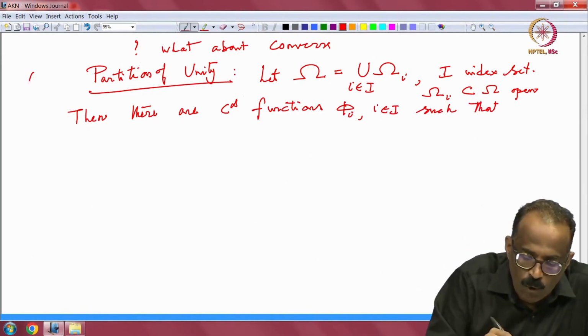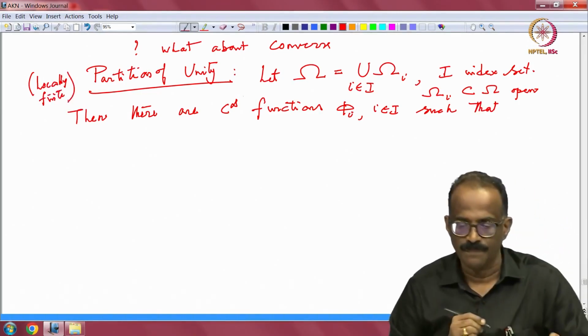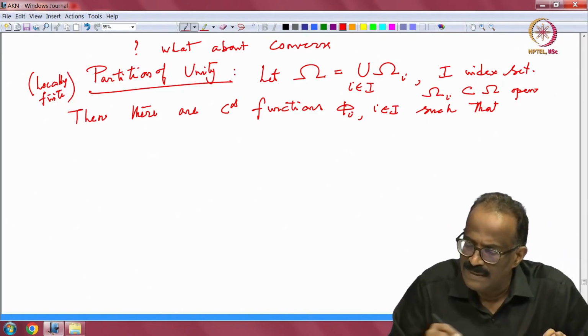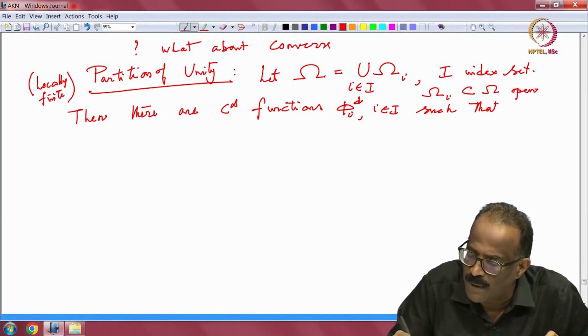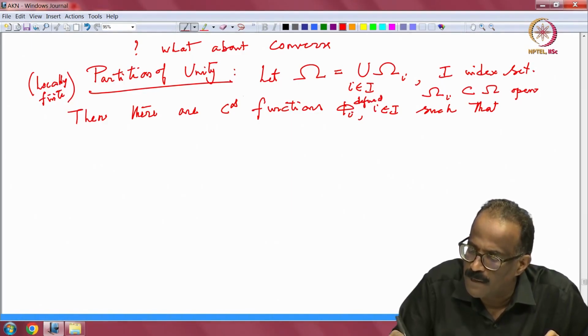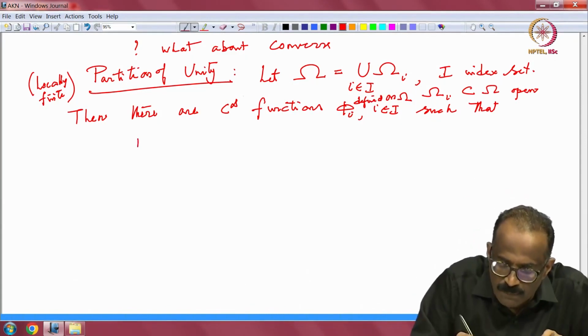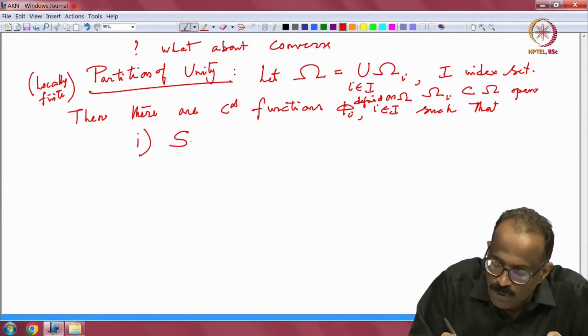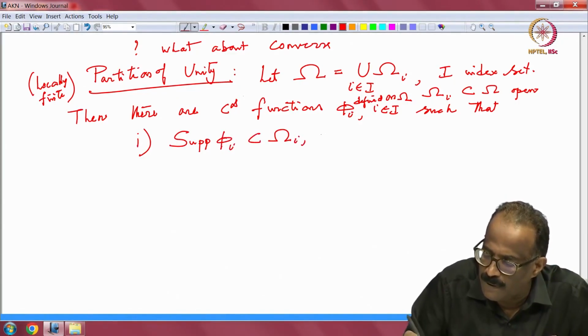this is called a locally finite partition of unity. The C infinity functions phi_i are defined on omega, such that the first property is that the support of phi_i is contained in omega_i, for all i.